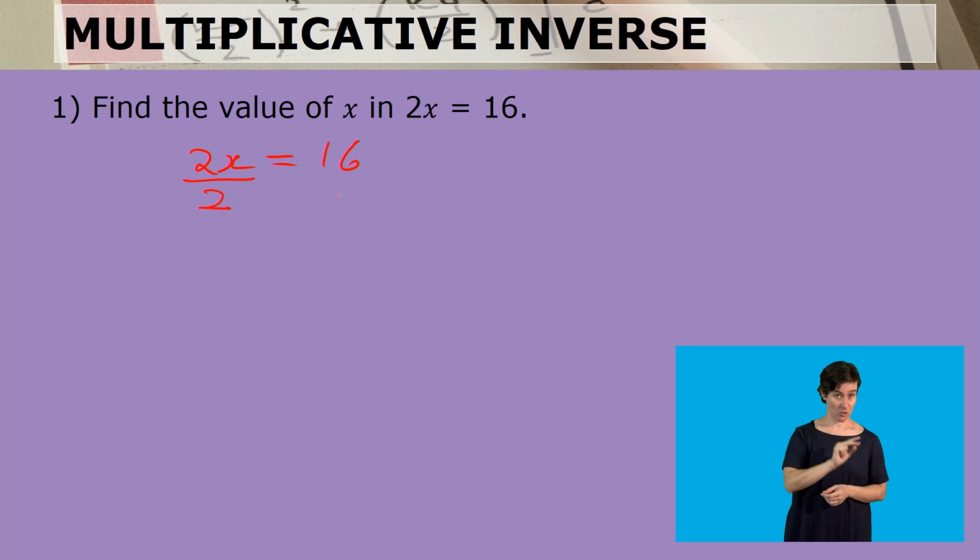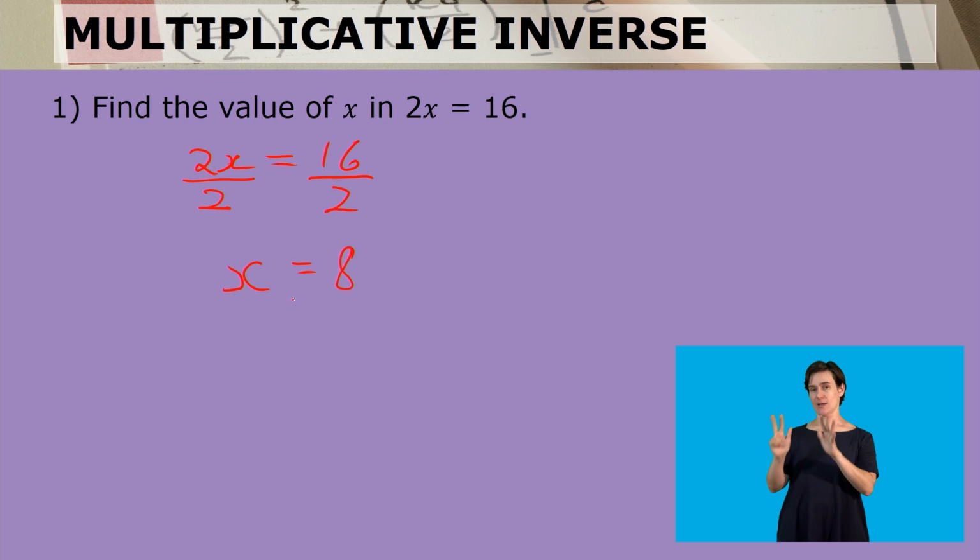What we do on the left, we also do on the right. We'll then divide by 2. 2 divided by 2 gives us 1. 1 multiplied by x is x. And on the right hand side, 16 divided by 2 is 8. So x represents 8 in that expression.